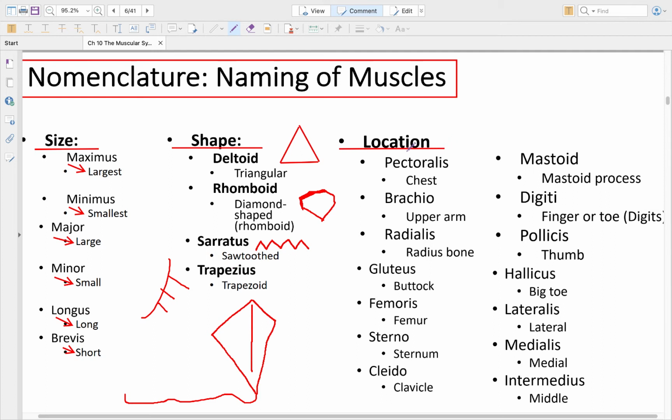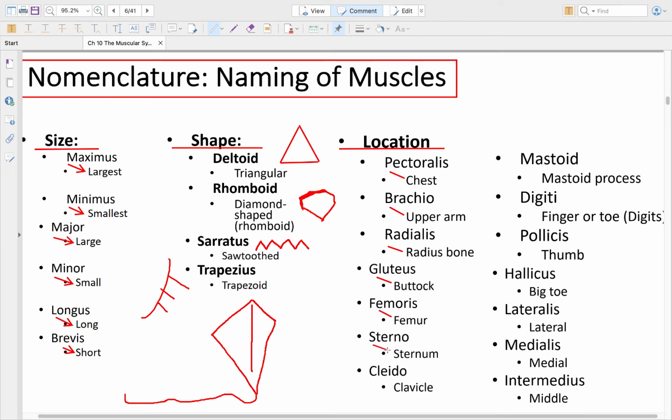What about location? These ones are easy because you've already studied these terms, but we're going to recap them anyway. Pectoralis always means chest. Brachio always means upper arm. Radialis always means in reference to the radius bone. Gluteus means buttocks. Femoris means the femur bone.